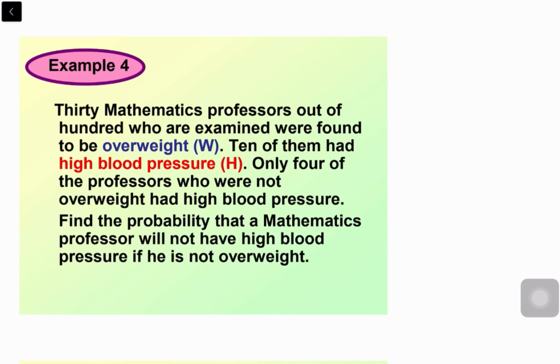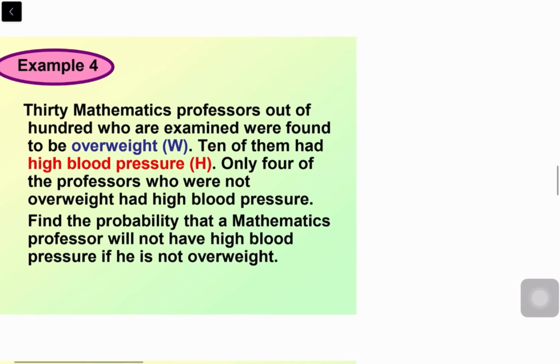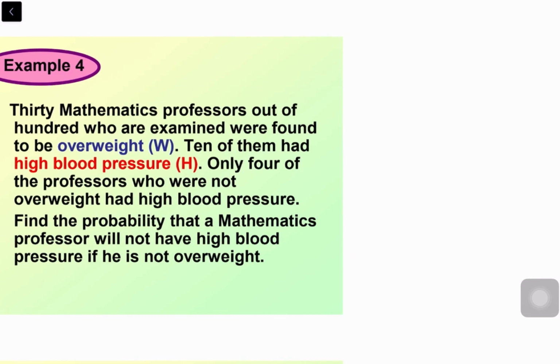So first, I'm going to write all of this information. We have the probability of W, the professors who were found to be overweight, which is 30 over 100. We also have the probability of W intersect H, which is 10 over 100.